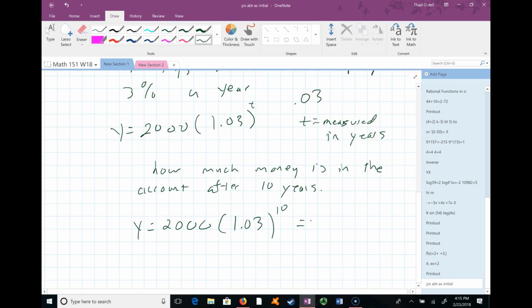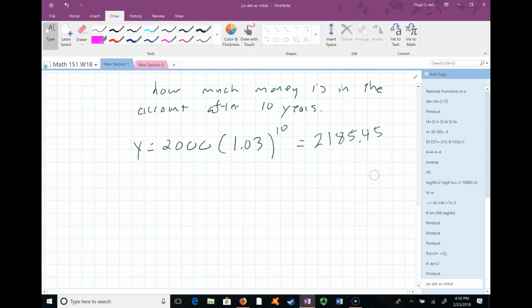So you can see we can create a little equation that we can use to predict how much money is going to be in my account at that time. That would be 1.03 raised to the 3rd power times 2,000, and that would be $2,185.45.